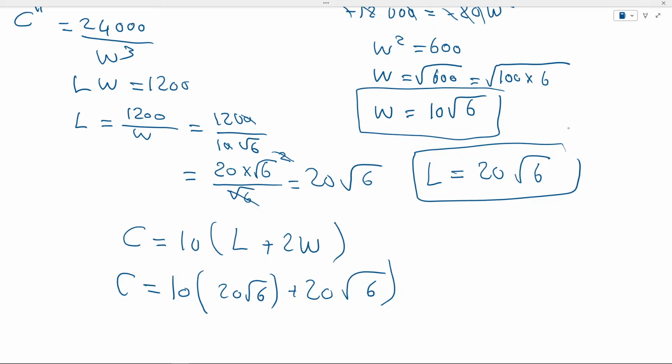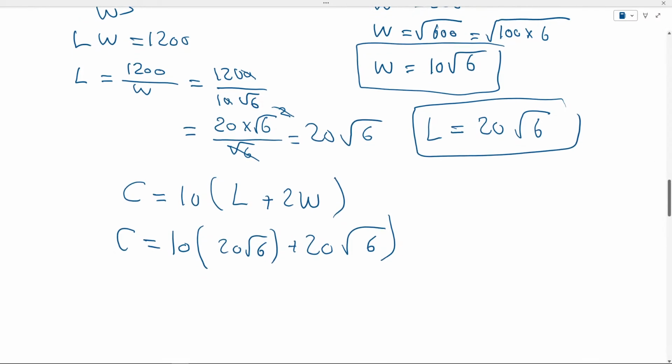So I can take this guy as a common factor. That would be 10 times 20, that's 200 square root of 6. And then this guy, that's 2, so that's 400 square root of 6. And then you can use your calculator to estimate this, 400 times square root of 6.